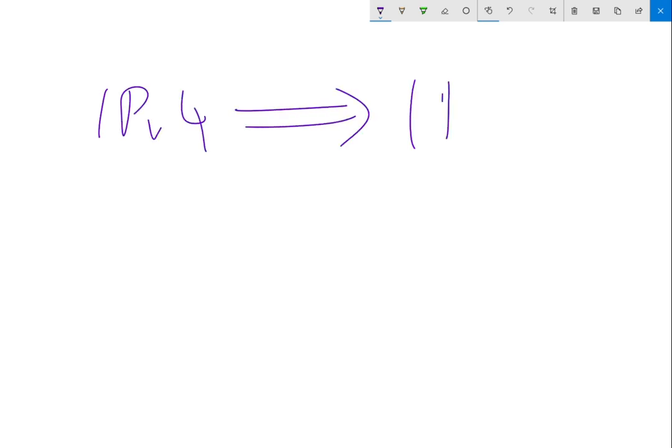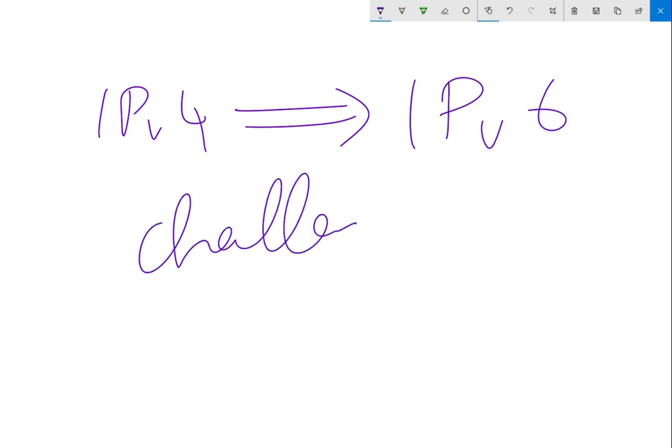The same way, migrating from IP version 4 into IP version 6 became a very big challenge, because the entire network architecture relies on IP version 4, and to move it overnight is going to be a nightmare. We can't do it overnight.